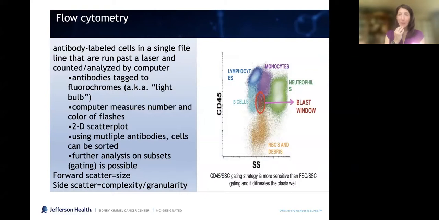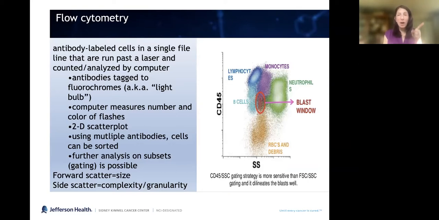And so anybody who's had leukemia has seen a flow cytometry report. And I think that flow cytometry is a super cool thing. So I'm going to spend just a couple of minutes talking about how we physically do it. What do we do with your cells? So we tag your cells with a little light bulb on one end and a thing that attaches to a protein on the other end.